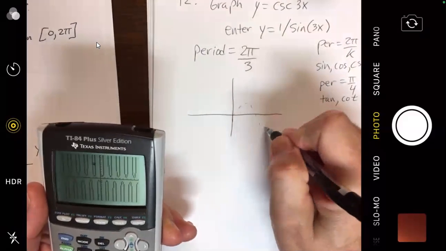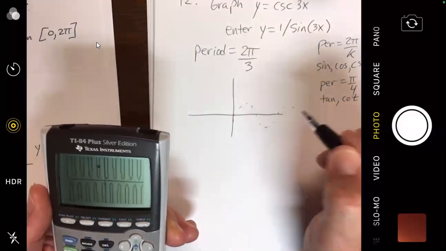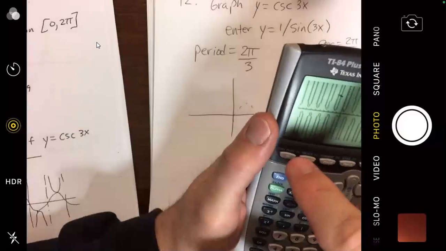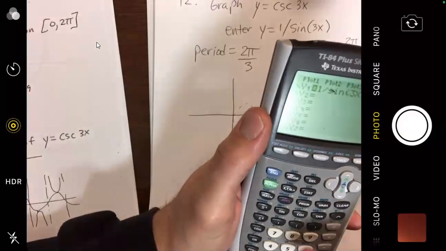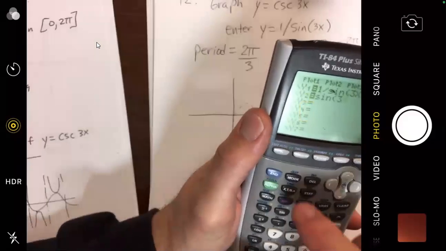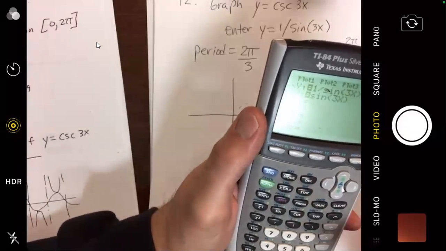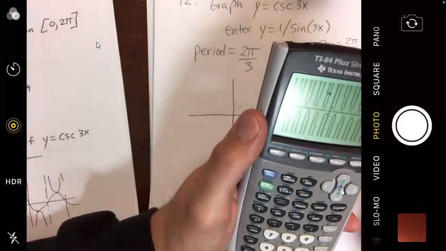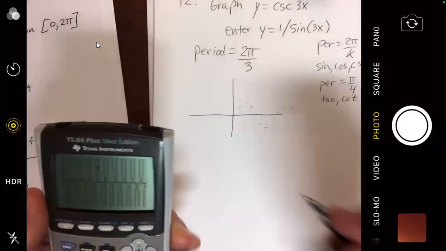Sine would go through the origin. If I put on sine 3x, you can see it goes through the origin. And then each of these humps and dips flip.